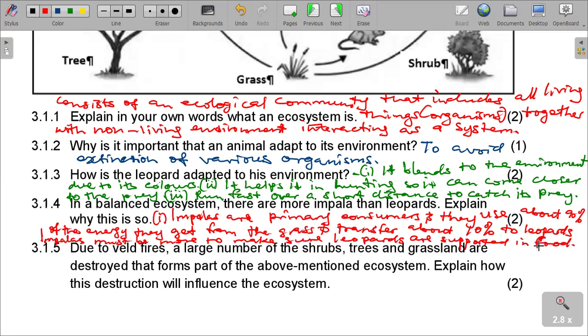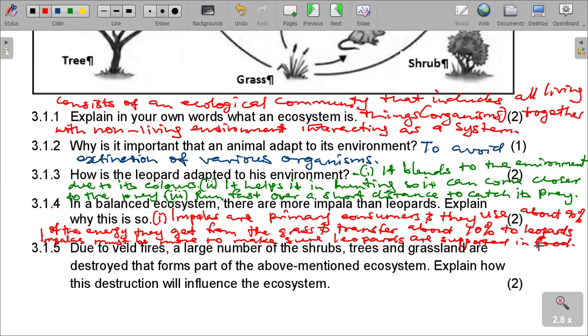You understand? So what is happening is that the impalas are the primary consumers and they use about 90% of the energy that they get from the grass. Only about 10% is what they transfer to the leopards.